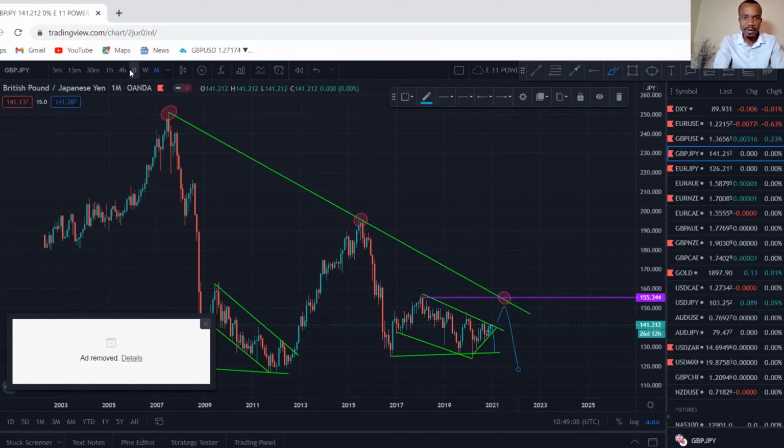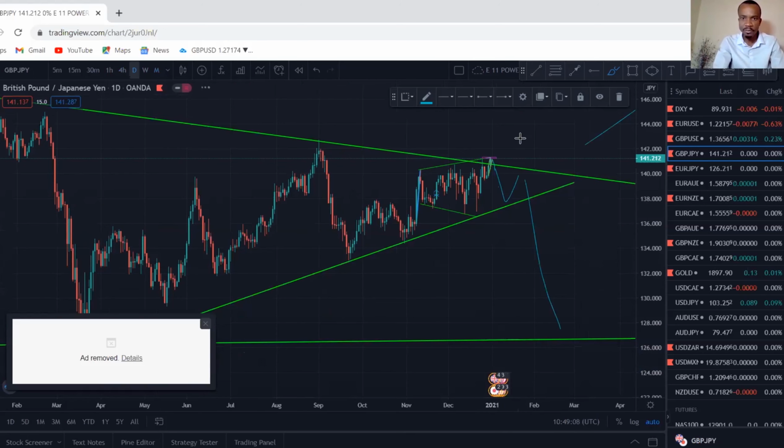But on a daily time frame, on a 4-hour time frame, price might play around this region there, or price break, come and test this area there around 127.162. So that's what we're anticipating for the move on GBPJPY.